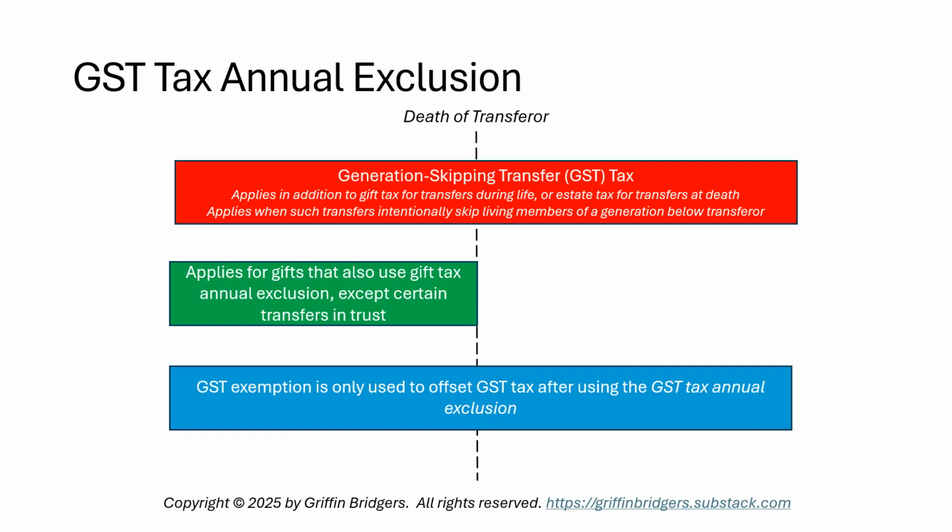So again, like with the gift tax, we have this green layer of GST tax annual exclusion, which we first back out and subtract from the amount of the transfer that's subject to GST tax. And only after we've subtracted out that amount do we then go to the broader GST tax exemption.